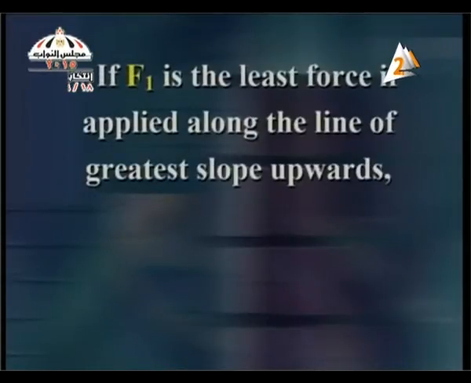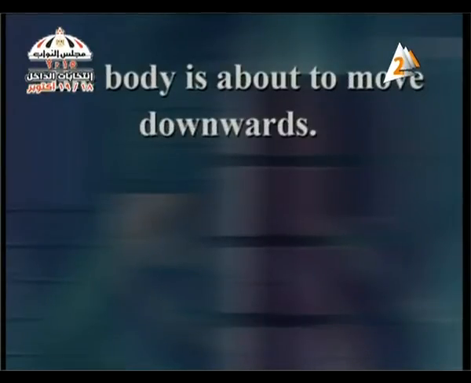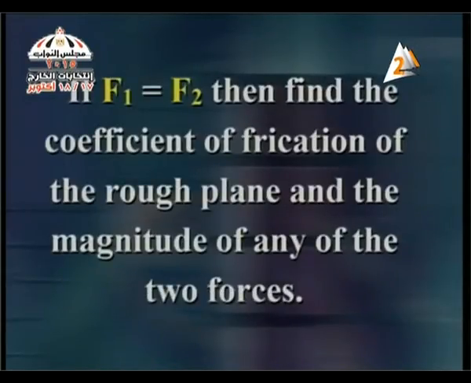If F1 is the least force applied along the line of greatest slope upwards such that the body is about to move downwards, and F2 is the least force applied horizontally such that the body is about to move downwards, and F1 equals F2, then find the coefficient of friction of the rough plane and the magnitude of either of the two forces.